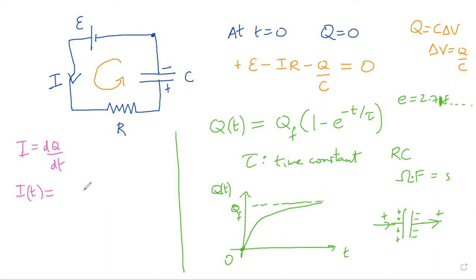And that turns out to be q final over tau times e to the minus t over tau. If we plot this graph, then as expected, we see that the current starts out at a large value, but then exponentially decays down to 0.